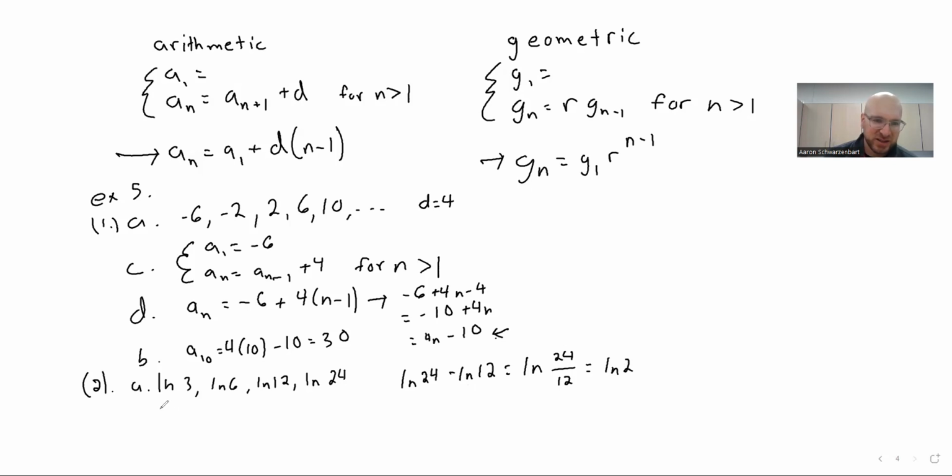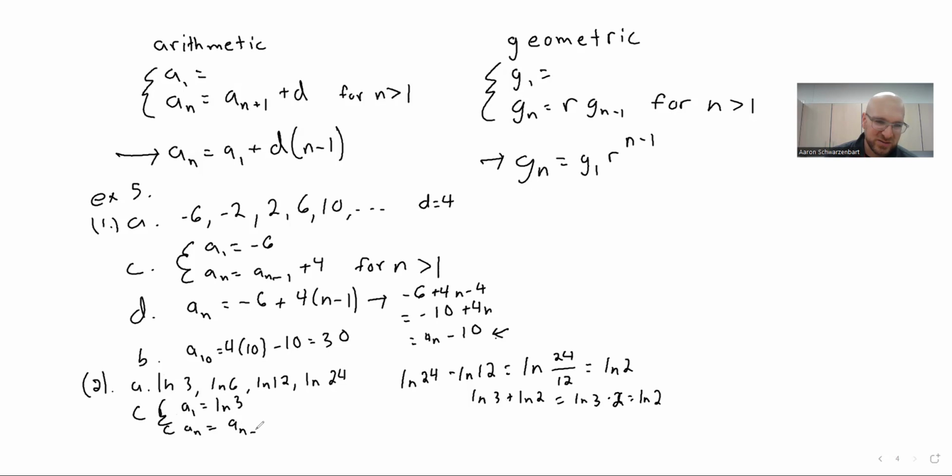So if I'm looking at here, ln3 plus ln2, that's ln3 times 2, which is ln6. So we'll do part C. A sub 1 equals ln3. A sub n equals ln, no, the previous term.